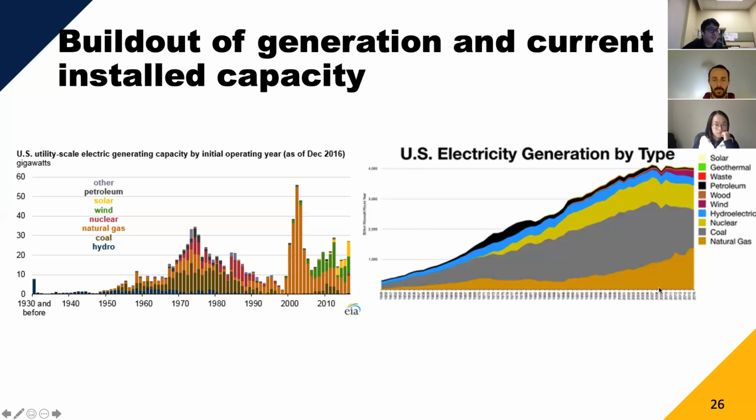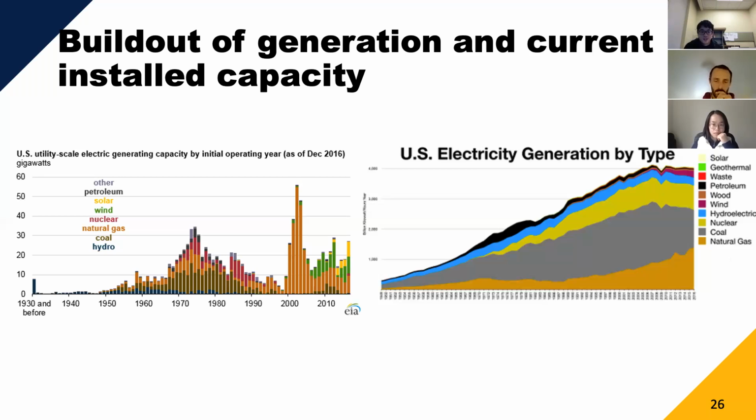And on the chart on the right, yeah, this gives some perspective about generation by your different fuel types. So up into the 2000s, right, we can see the clear trend is that coal is the dominant fuel type. But again, once fracking happened, you can see natural gas starts to outpace coal, and in fact today we are producing more electricity from natural gas than we are from coal.